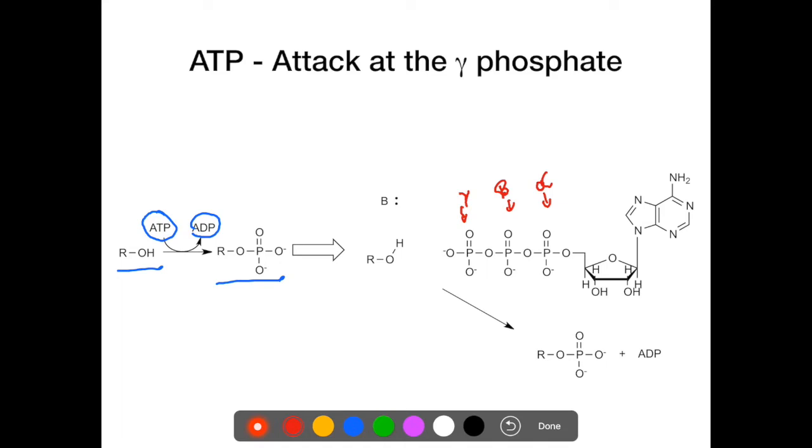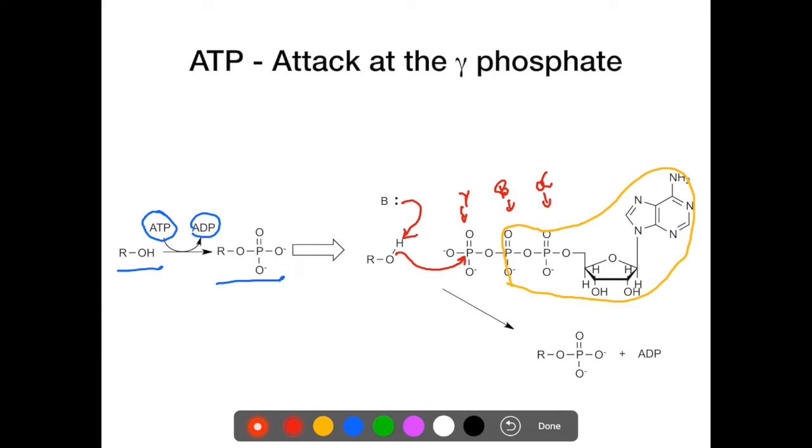And so in this type of attack, I'm going to have the ADP falling away. So I'm going to deprotonate the hydroxide. The hydroxide then has an electron pair on the oxygen that can attack. It will attack at the gamma phosphate.